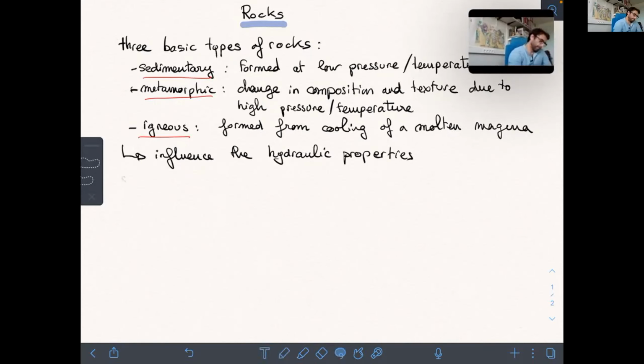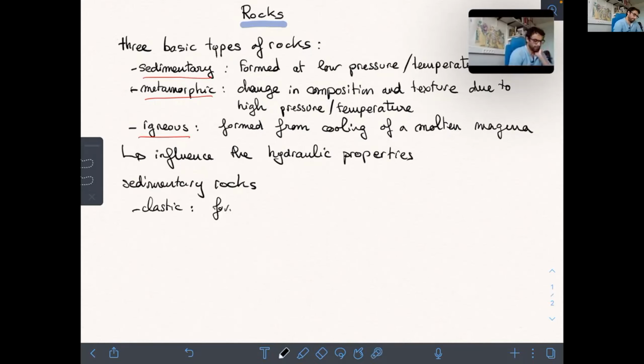So on the sedimentary rocks, we have three types also of sedimentary rocks. The clastic, what is called clastic rocks.